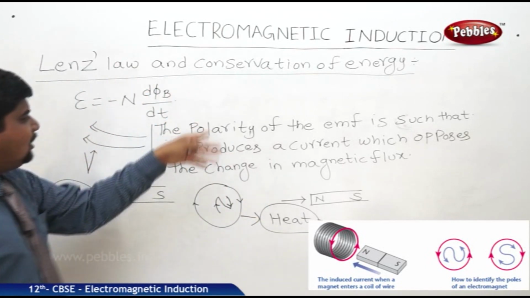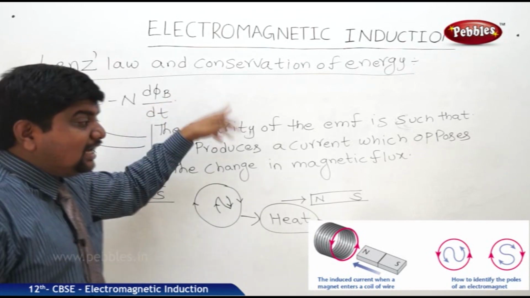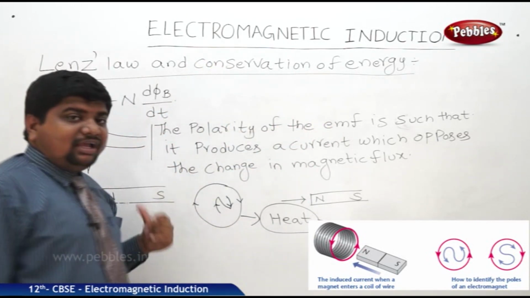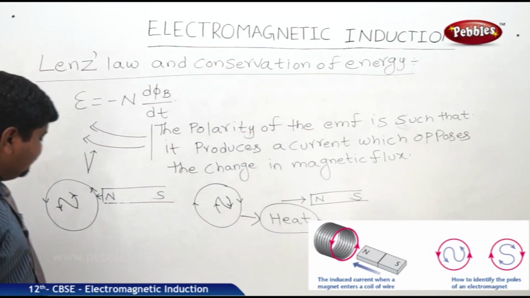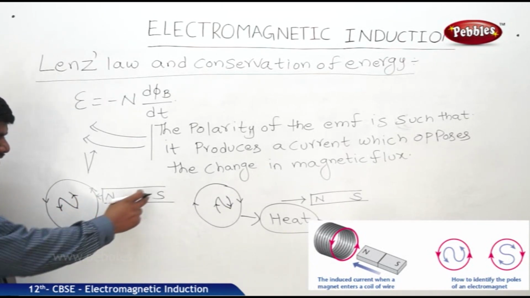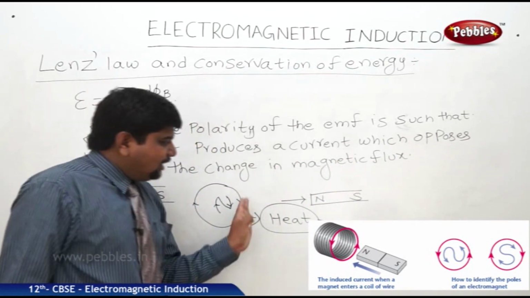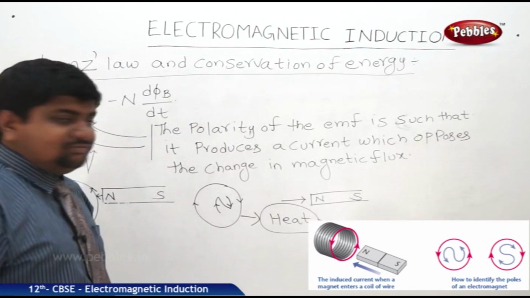So what is Lenz's law? Lenz's law gives the direction of the polarity of the EMF when a coil is placed in a magnetic field. And this is the direction and orientation of the electrons or the magnetic field when a magnet is approaching or moving farther away. So this is the information.